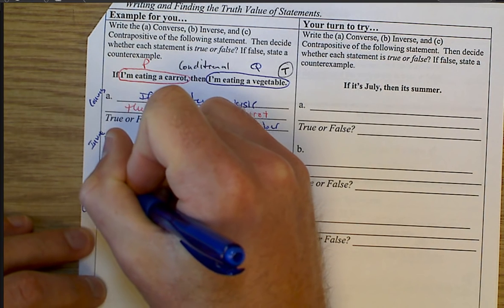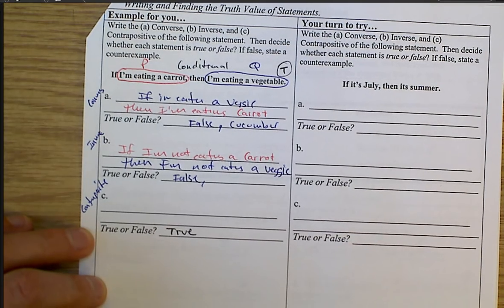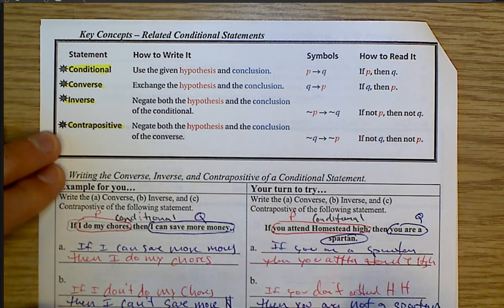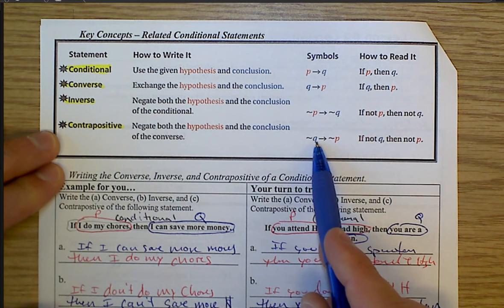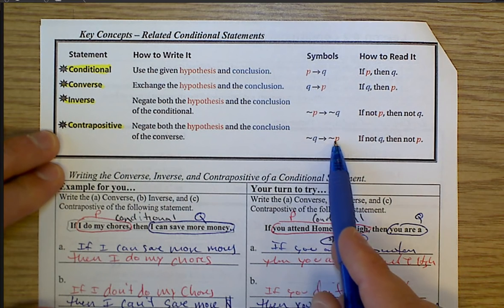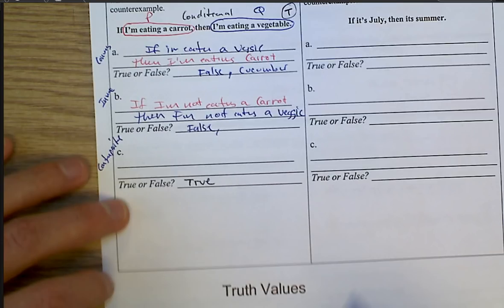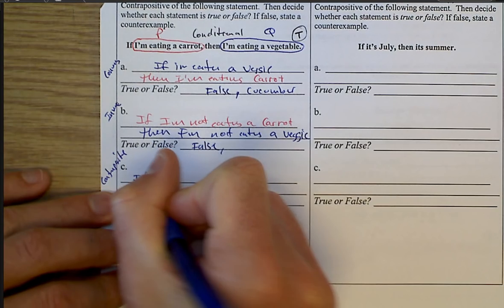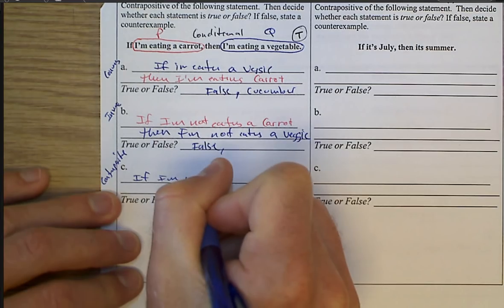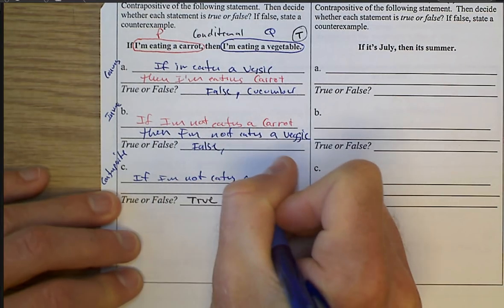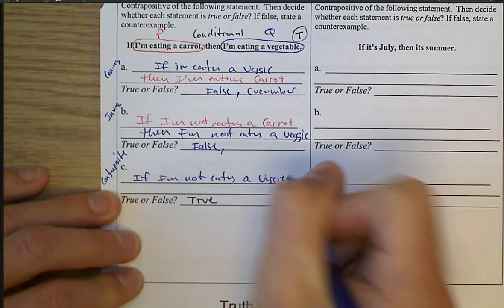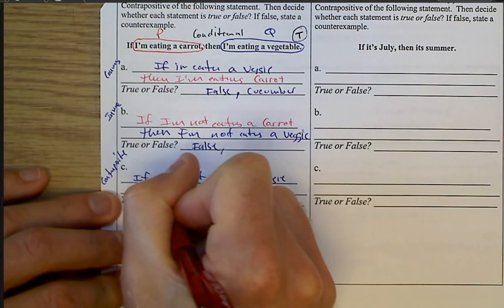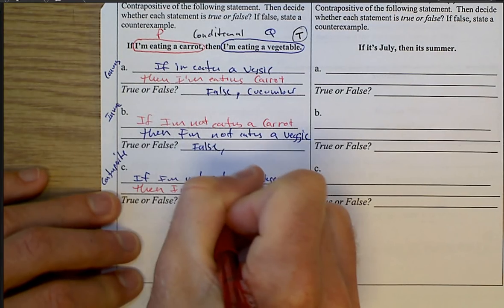Contrapositive. So again, if you forgot contrapositive, flip back over, look at contrapositive, see what you have to do. You have to negate your conclusion and then negate your hypothesis. Looks like this. If I'm not eating a veggie, then I'm not eating a carrot.